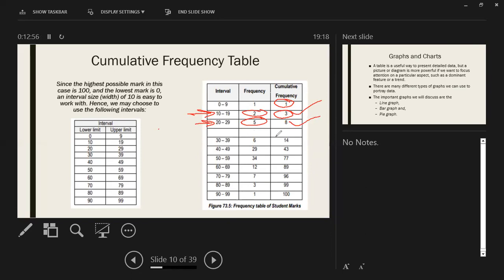Same with this one, we say cumulative frequency of the previous class plus the frequency of the current class to give us this. Same again with this class, we say this plus this to give us that. So that is how you calculate the cumulative frequency of all those classes, right?